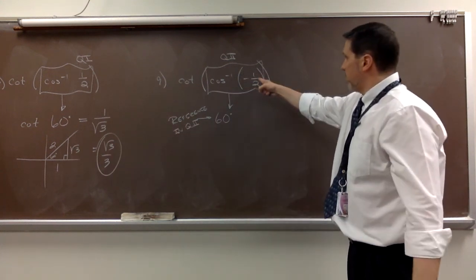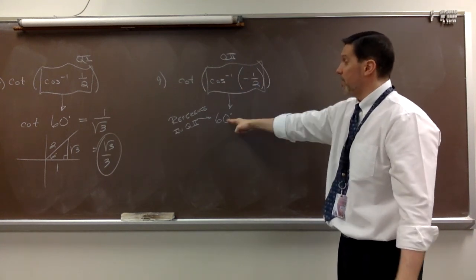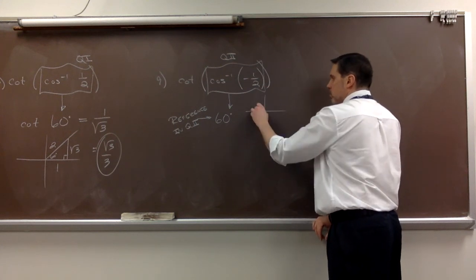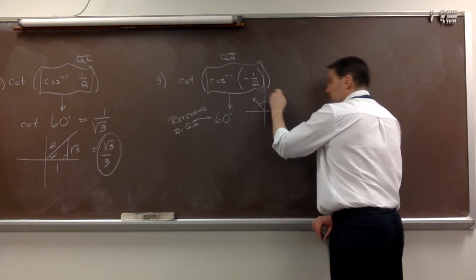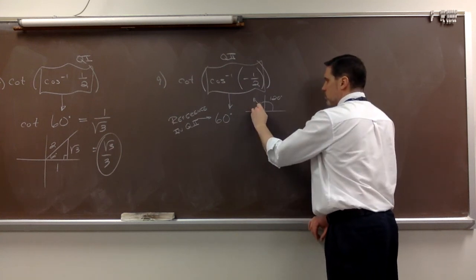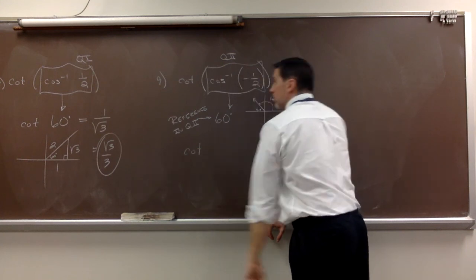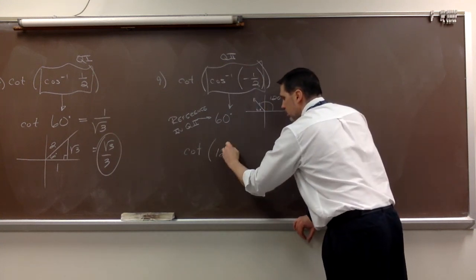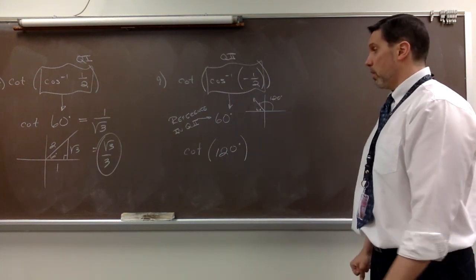So the cosine inverse of 1/2, that's 60. The cosine inverse of negative 1/2 has a 60-degree reference in quadrant 2, which makes it 120 degrees. That's a 60-degree reference. So this comes down to really the cotangent of, this time, 120 degrees. What's the cotangent of 120?